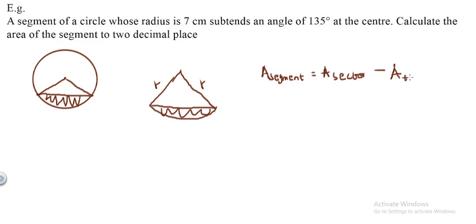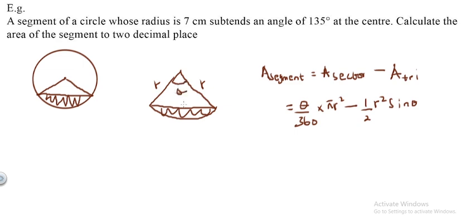So minus area of triangle. We know that area of sector is equal to theta over 360 times pi r square, minus area of the triangle is half r square sine theta, where the theta is simply the angle here.